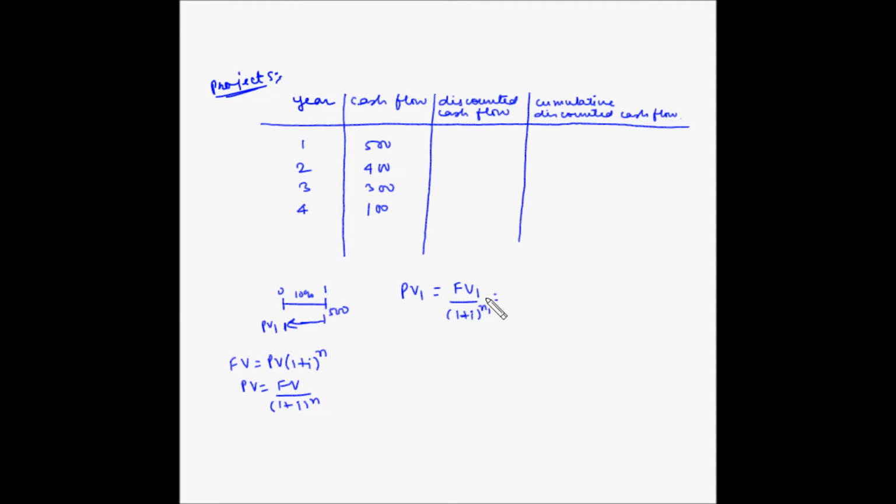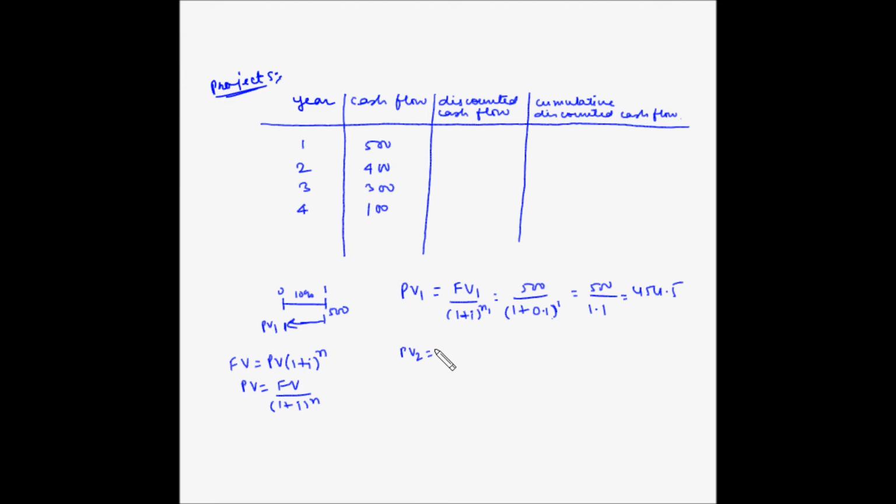So in this case it is 500 divided by 1 plus I, where I is 10%. So 10 divided by 100, this will be 0.1. N1 is 1 because this is being compounded or discounted for 1 year. So this becomes 500 divided by 1.1, which is equal to 454.5.